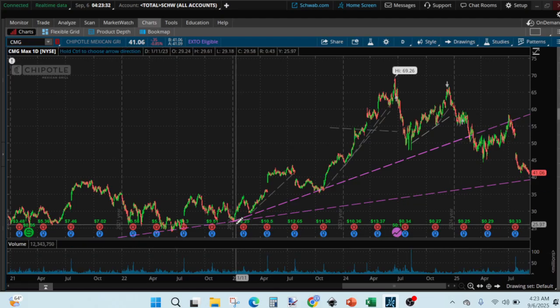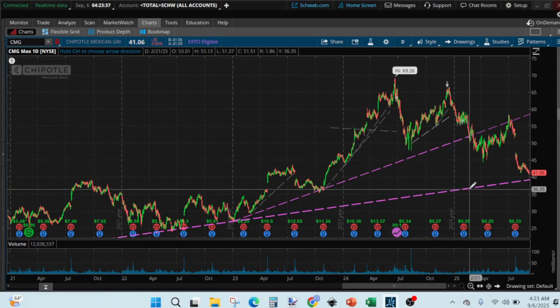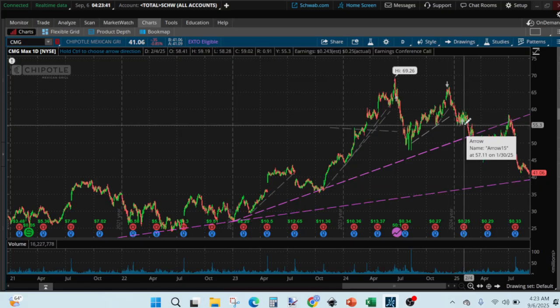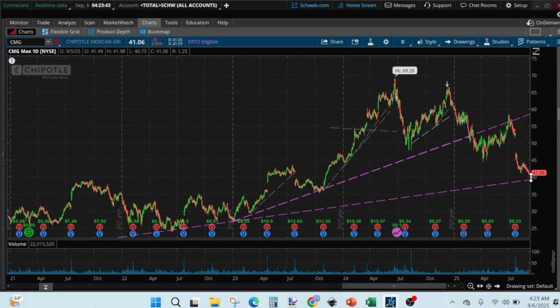When it touched base with this valley line, we bought it there, and then it kept pulling back on us. So if it starts going up from here, we might buy some more.